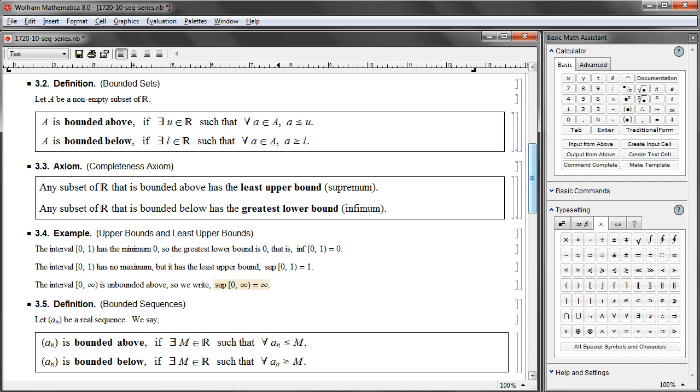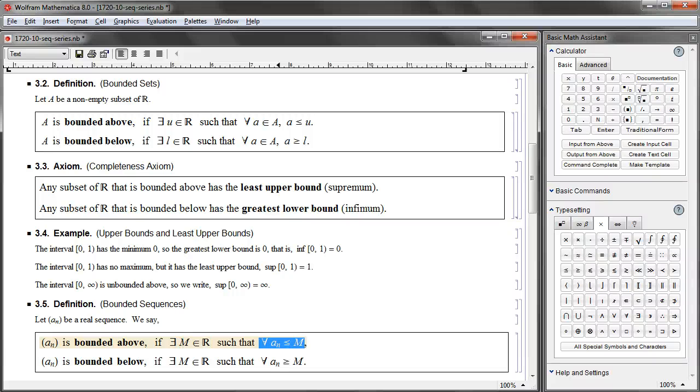And let's apply that to sequences. We say a sequence is bounded above if an upper bound exists: there exists a certain real number m, so that every a_n is less than or equal to m.